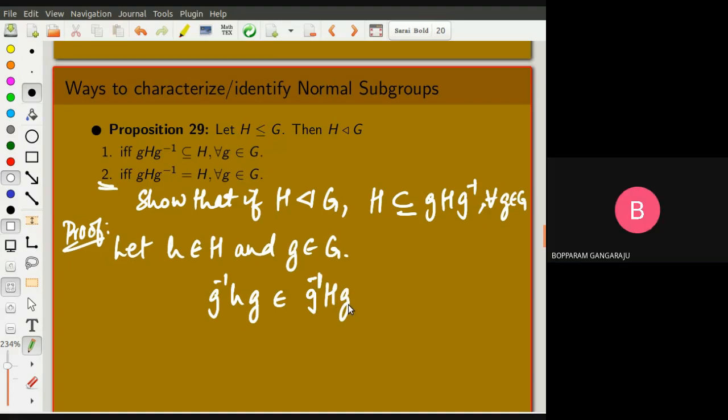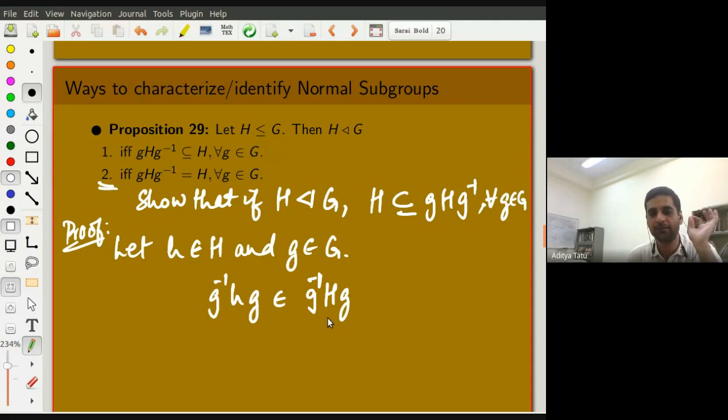And we know that for all elements G, GHG inverse is a subset of H. So it also has to be true for G inverse HG. So this is a subset of H. Please remember, I hope you see the difference: I cannot directly write G inverse HG is an element of GHG inverse.